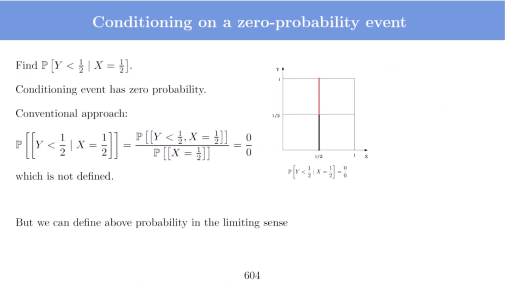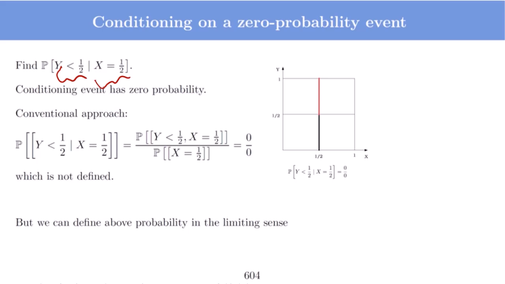So let's take the same example, but now the conditioning event is a zero probability event. We take the same A, but B is now the event that x is equal to half. If x is a uniform random variable between 0 and 1, what is the probability that x is half?